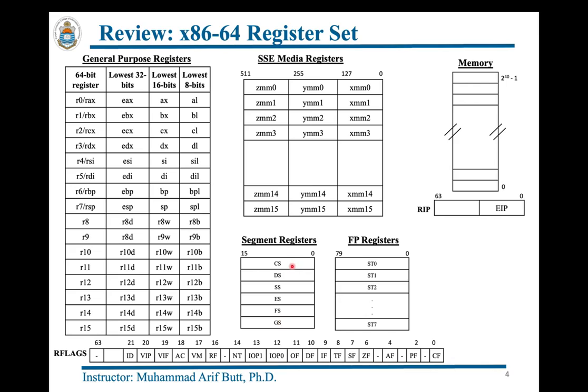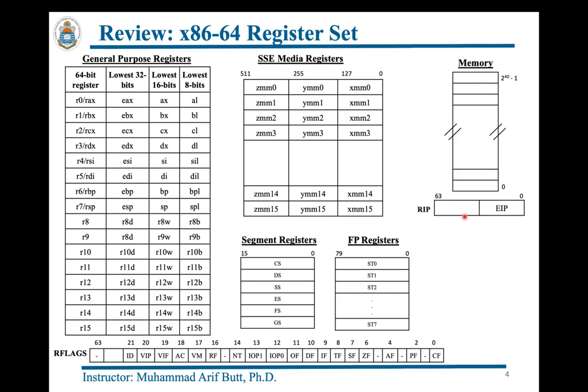Then we have the 6 segment registers: code segment, data segment, stack segment, extra segment, FS and GS. We normally don't use them much in the flat 64-bit linear memory addressing space. Then we have these eight 80-bit floating point registers, namely ST0 to ST7, organized in a stack fashion.